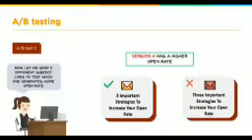Version B, which is sent to the other 50%, has the subject line, three important strategies to increase your open rate. The only difference here is 3 and the number three spelled out. Because she sent out 2 different subject lines, she's now able to measure the success of that A/B test. It just so happens version A has a higher open rate. Numbers always tend to work in subject lines, by the way.